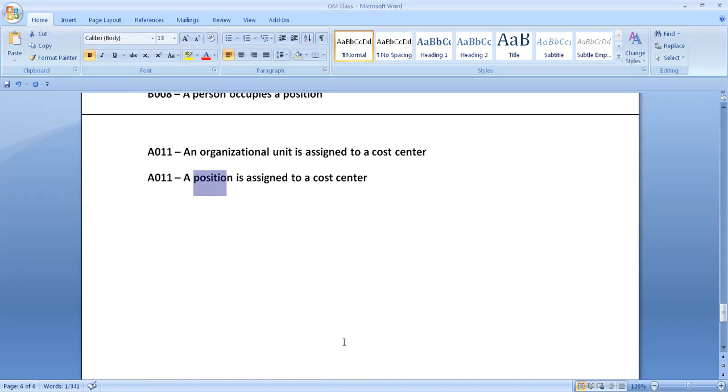Then you have, for example, A012. B011, let's leave it. Next, come to the A012 relationship. You can forget about this relationship. A012: a position manages the organizational unit.